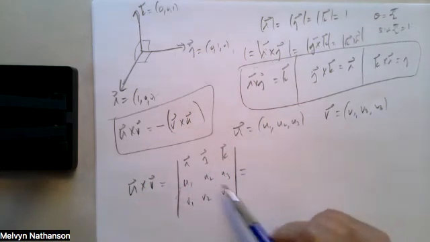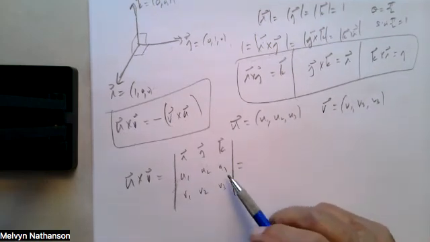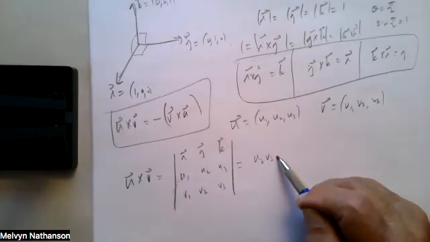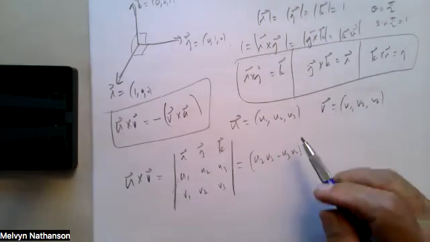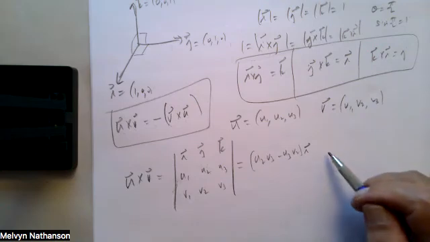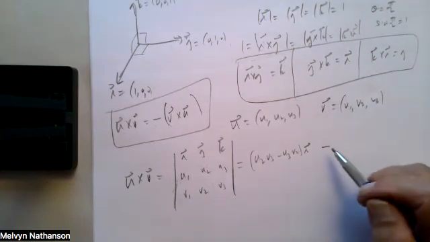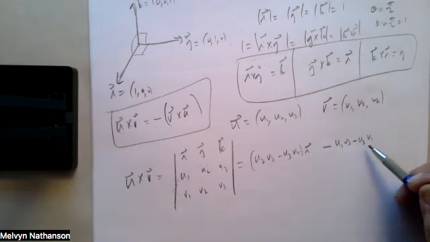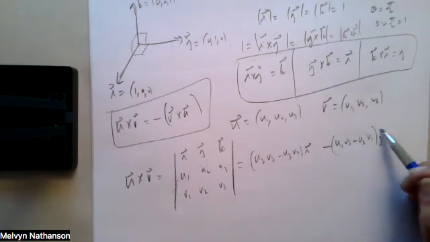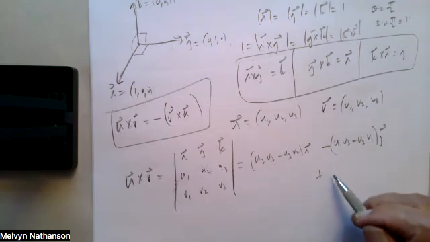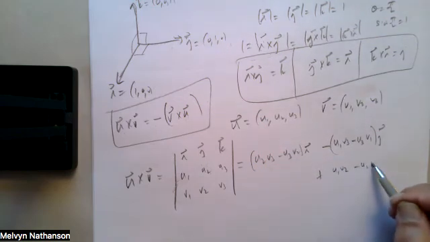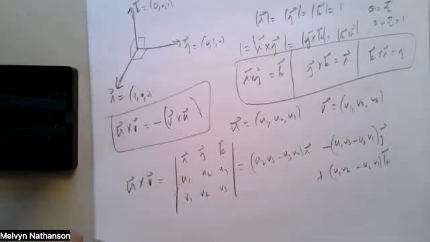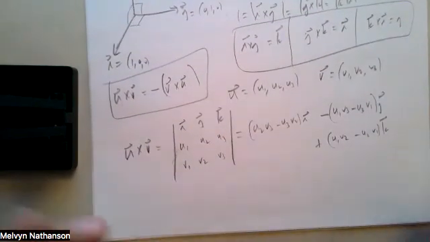And if you use the standard rule for evaluating a determinant, you get this is equal to (u2 v3 minus u3 v2) times i, minus (u1 v3 minus u3 v1) times j, plus (u1 v2 minus u2 v1) times k. And in terms of coordinates, this is the cross product.